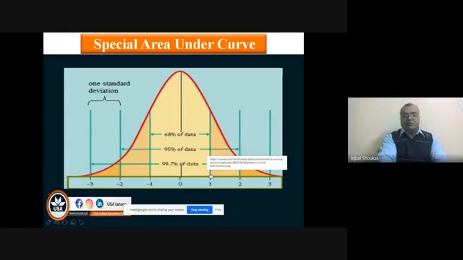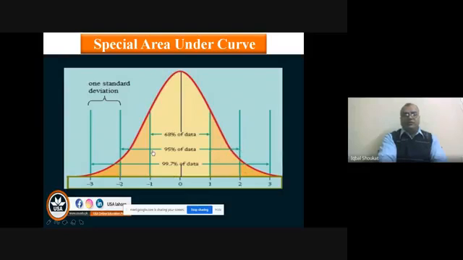So the range of the distribution from mu plus minus 1 times the standard deviation, that means minus 1 to positive 1, will cover 68% of the data, or 68.2% of the data. Then here is 2 times standard deviation, and here is again the 2 times standard deviation.